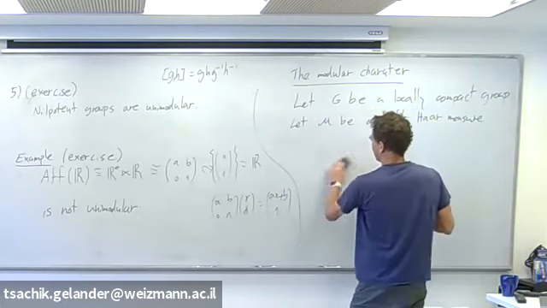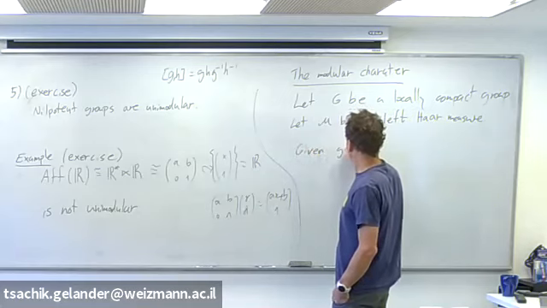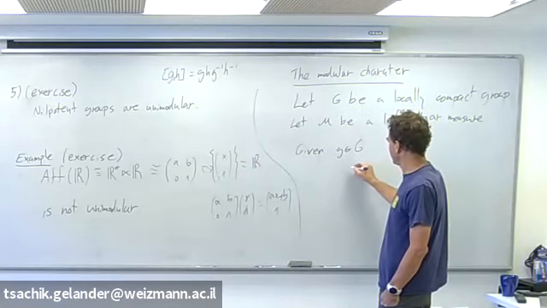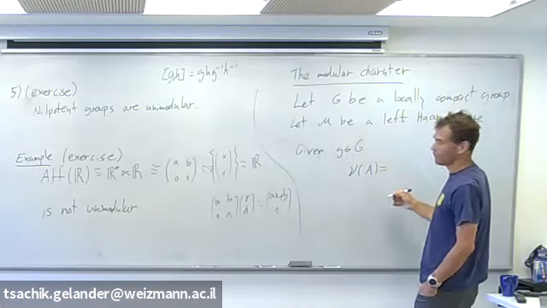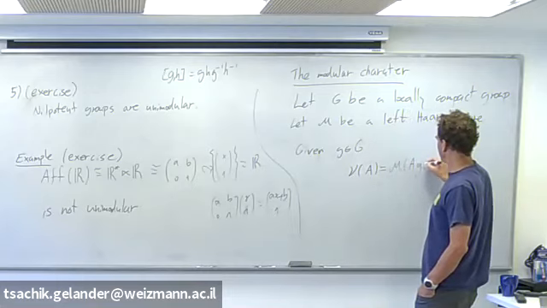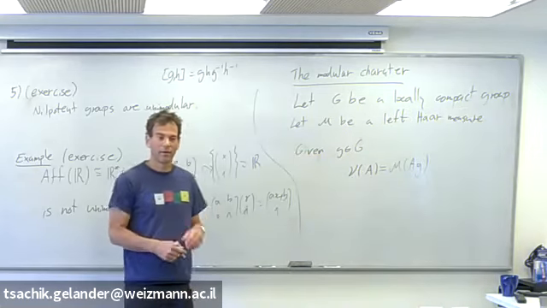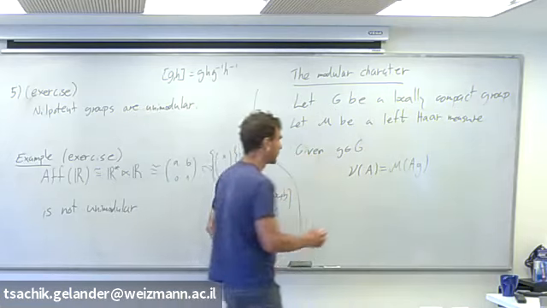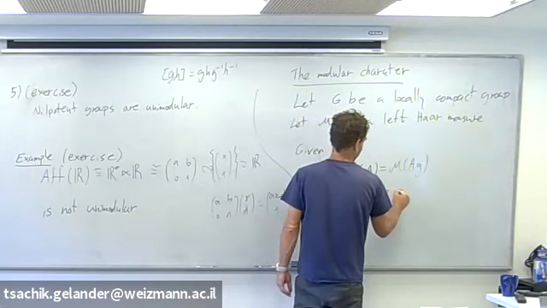Given g, an element, consider the measure nu defined as follows: nu of A, for every Borel set A, is just mu of A g, multiplying A from the right. Then nu is again a Haar measure, also left invariant.